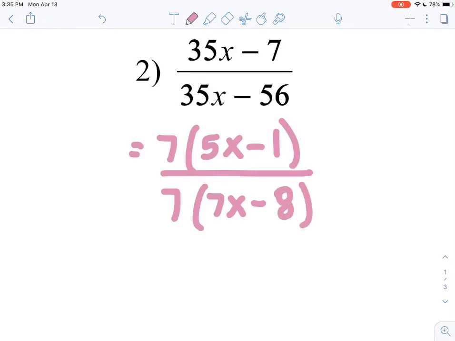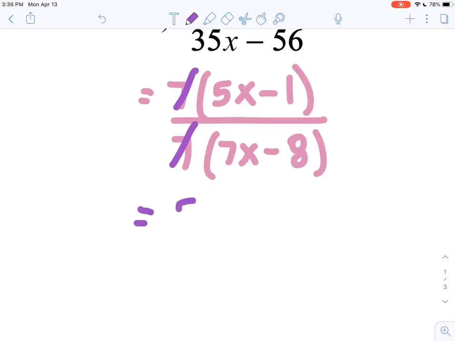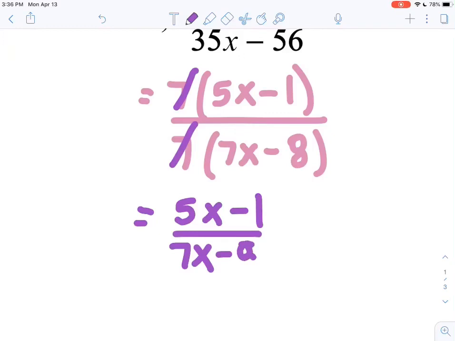Now that I factored out 7 as a GCF, I could simplify that. I could cross that out. So these 7s are going to cross out with each other, right? 7 over 7 is just 1. And then I have 5x minus 1 over 7x minus 8.